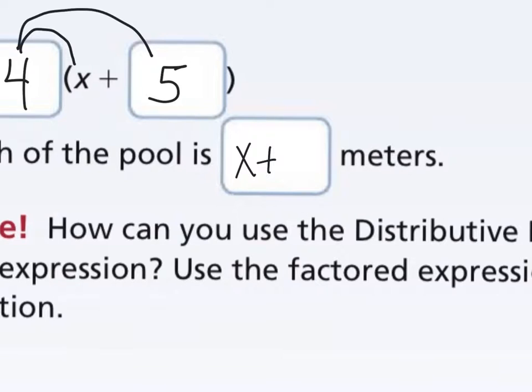Length times width. So let's say our width is 4, then our length would be x plus 5, or opposite, whatever the case might be. In this case, we know x plus 5 should be bigger than 4, assuming x is a positive number.